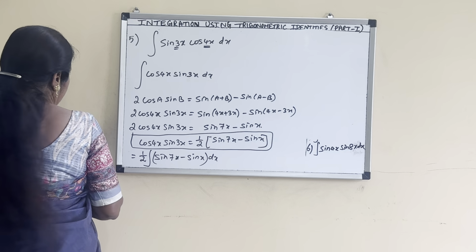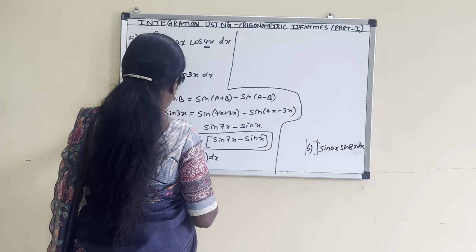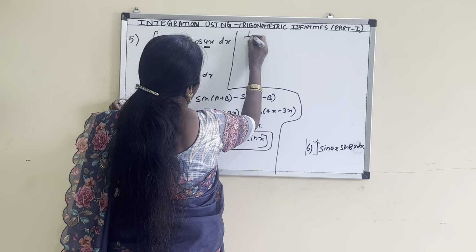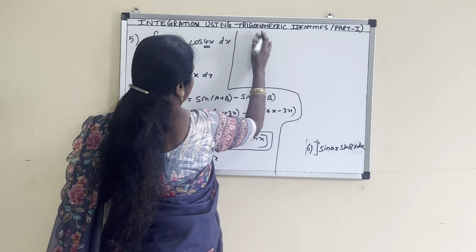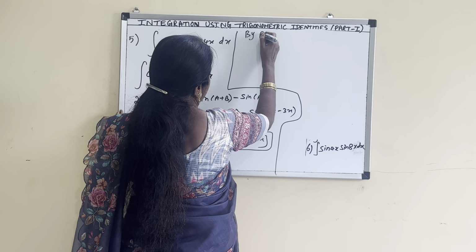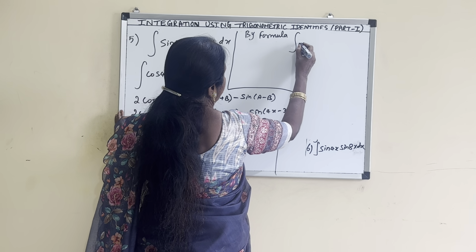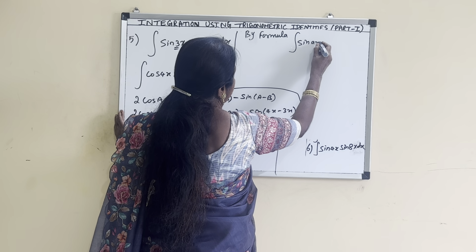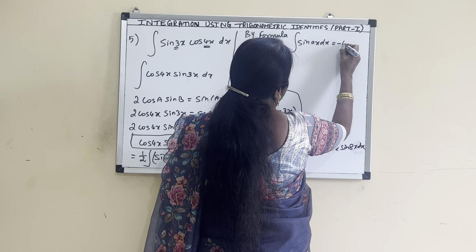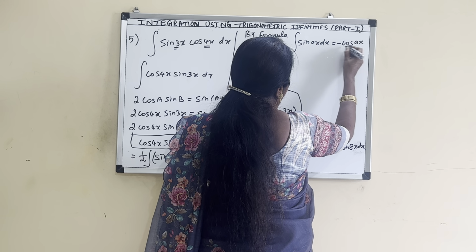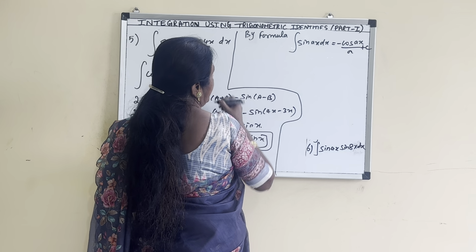Now here I will write 1 by 2. I will write the formula first. By formula, integration of sin ax dx is equal to minus cos ax by a plus c.